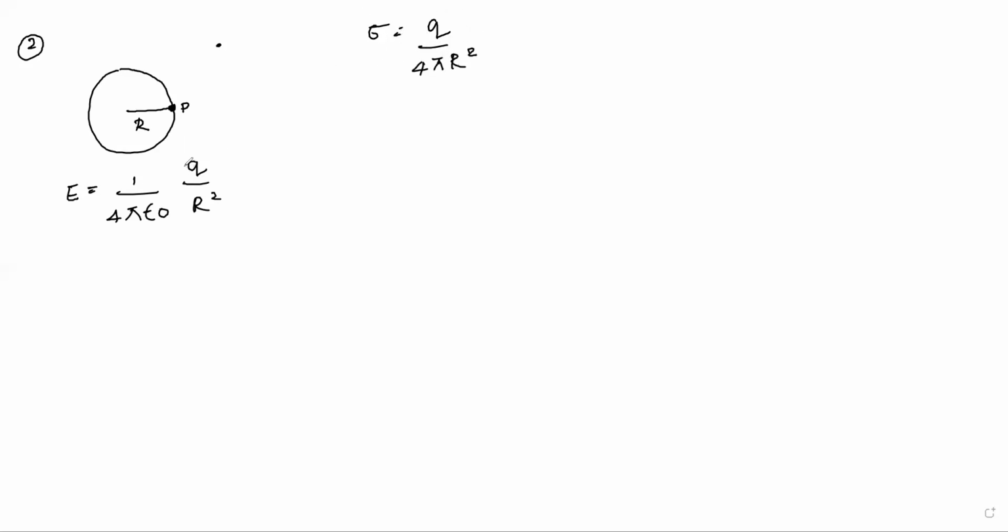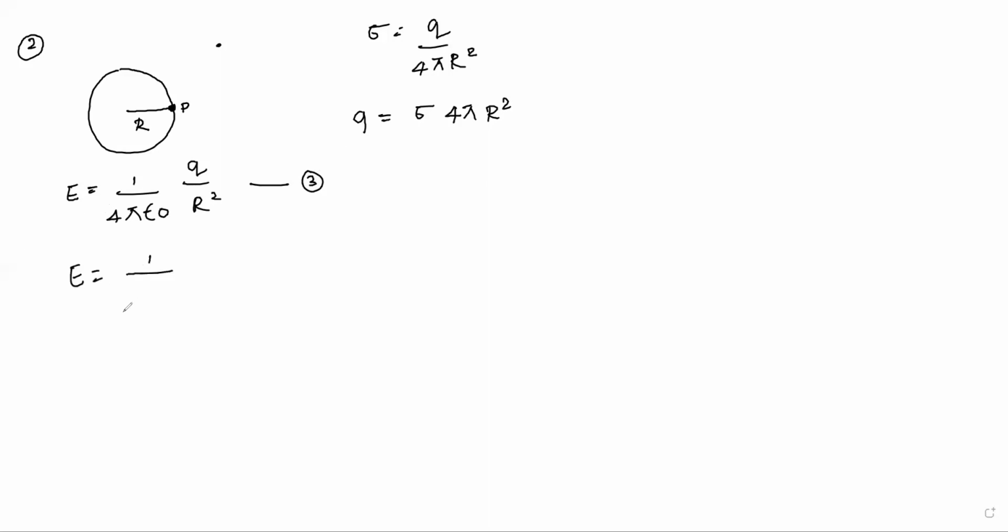If I want to substitute Q, what will I do? Cross multiply. Q is equal to sigma 4 pi r square. Substitute this Q in equation 3. What we will get?